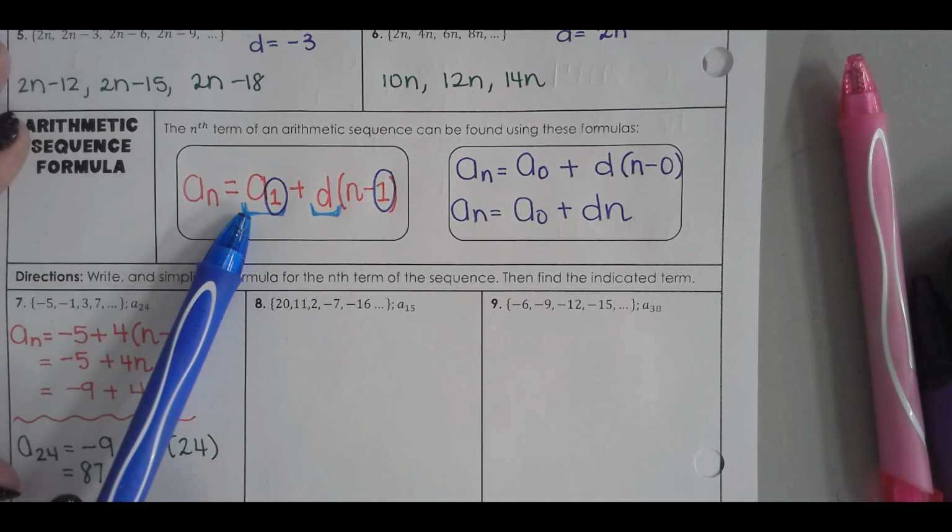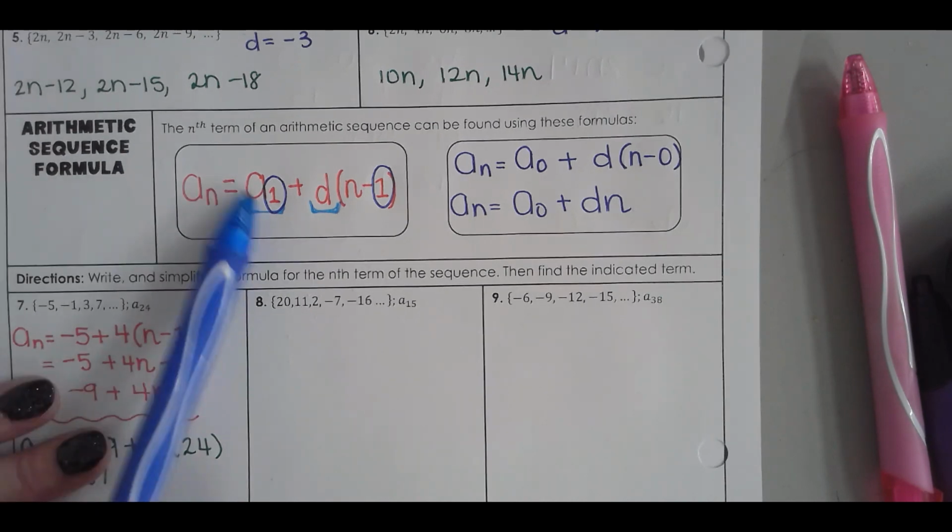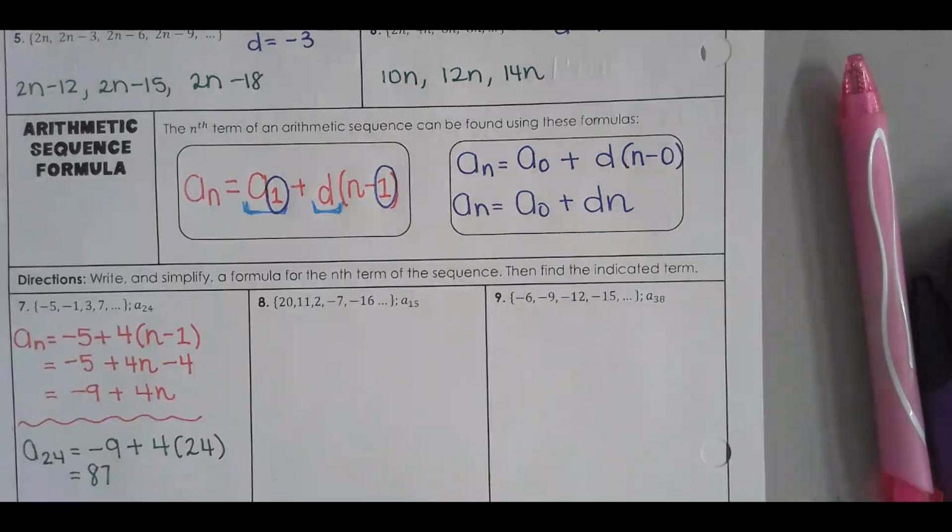In previous times, you would have had to do a lot of work to figure out the first term. Now you have a tool: this A1 plus d(n minus 1) common formula. But those ones can be replaced with any number you want.